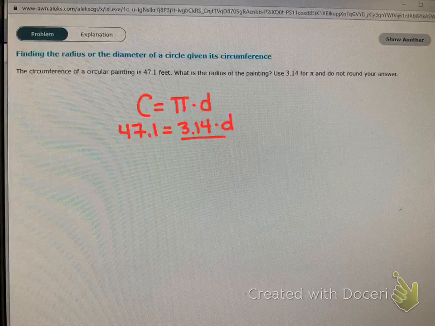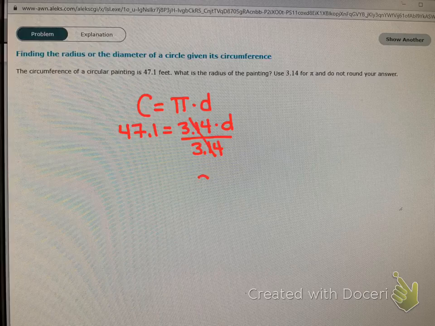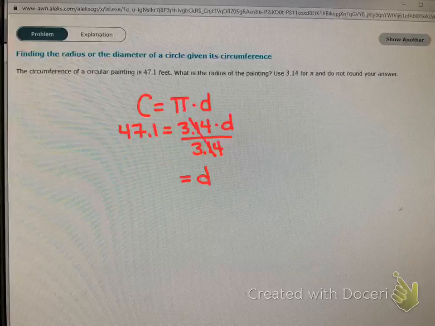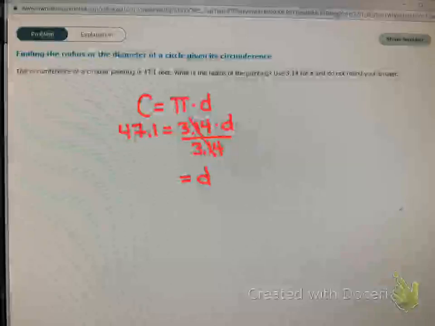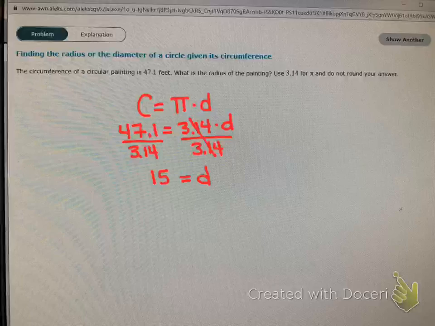So I divide this side by 3.14. Those will go away, leaving us just with the diameter on the right side. And on the left side, we're also going to divide by 3.14. If I take 47.1 and I divide it by 3.14, we get exactly 15. So my diameter is 15.